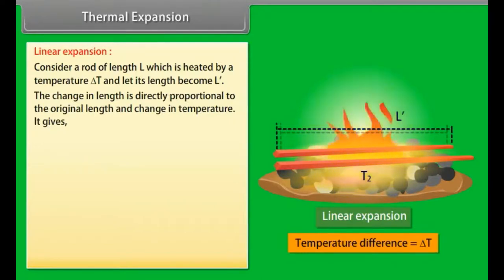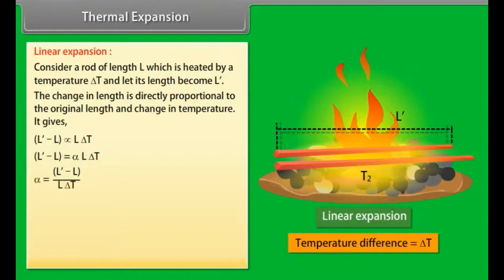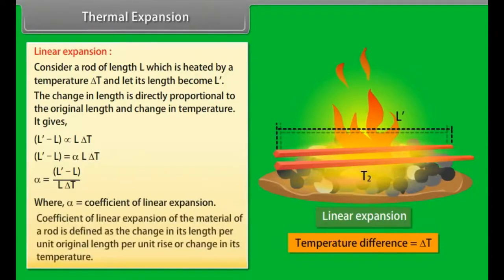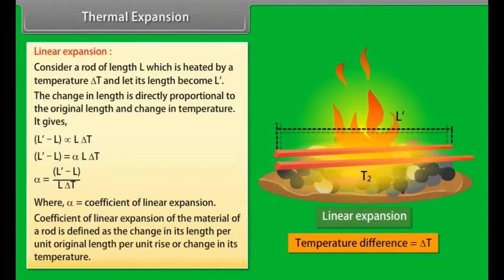It gives L dash minus L is directly proportional to L delta T, or L dash minus L is equal to alpha L delta T. Value of alpha is equal to L dash minus L upon L delta T, where alpha is the coefficient of linear expansion. Coefficient of linear expansion of the material of a rod is defined as the change in its length per unit original length per unit rise or change in its temperature.